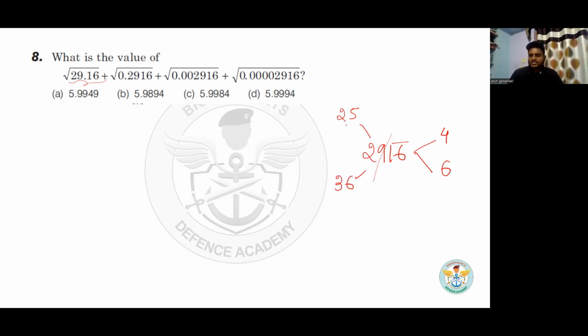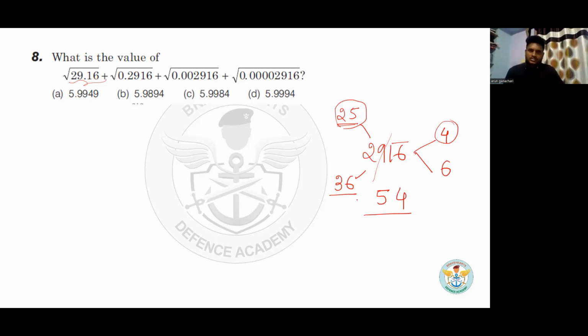For the first digit, we have to find the square root of 25. What is the square root of 25? 5. And for the second digit, we have to search whether it is closer to the square above, or closer to the square below. So 29 is closer to the square above, that is 25. So my digit will be 4. So the answer is 54.